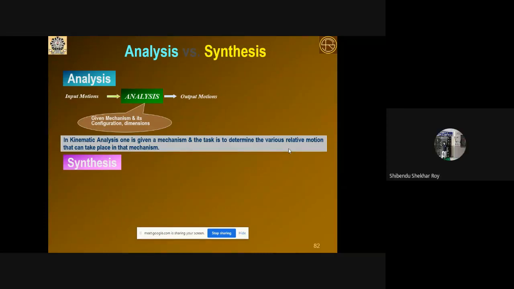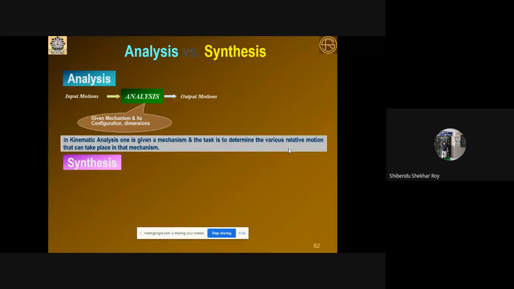You build that relationship: if you rotate this much, then you will get this much translatory motion, and if the thickness of the block is this much, then you rotate up to this. Clear? So building this input-output relationship is the purpose of kinematic analysis. A simple example I mentioned.